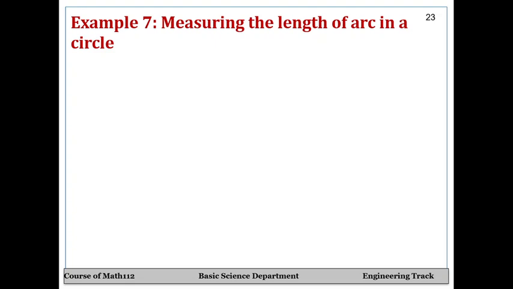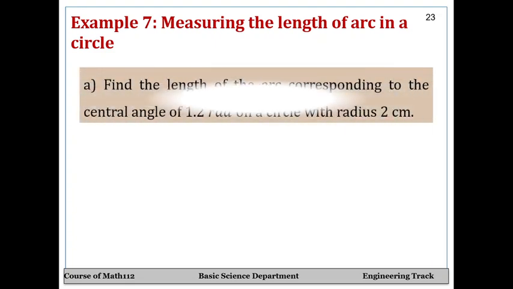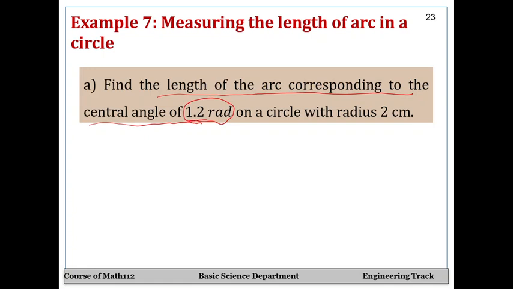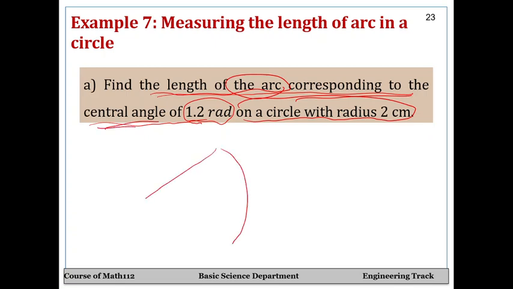Let's look at this example. It says find the length of the arc corresponding to the central angle of 1.2 radians on a circle with radius 2 centimeters. So it says the length of the arc. Okay, there's an arc corresponding to a central angle.